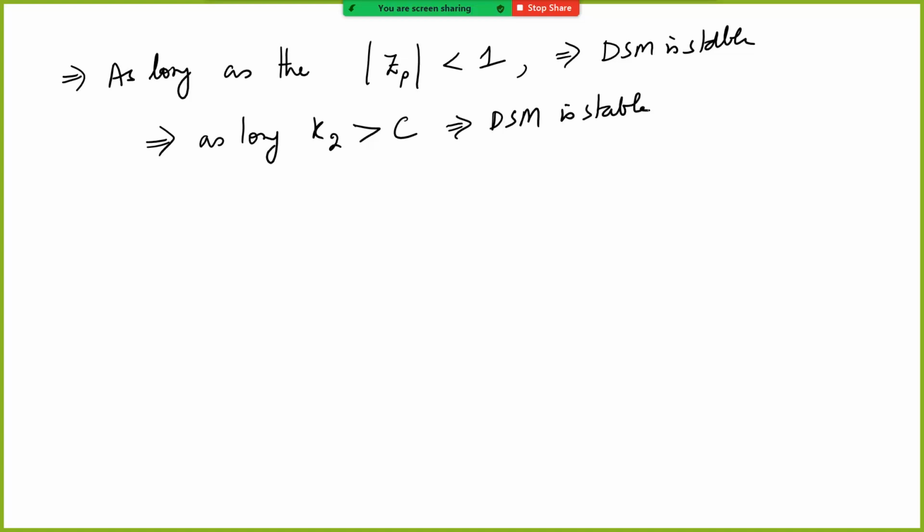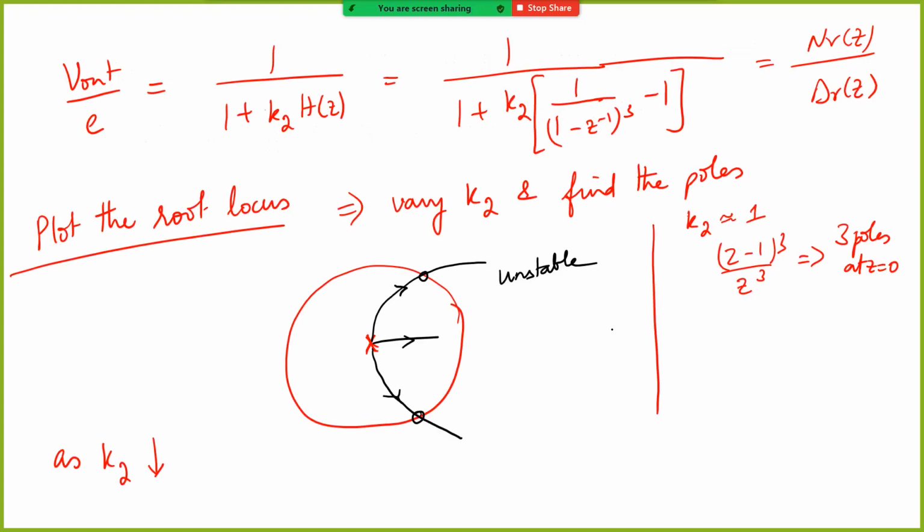Now we need to figure out what is the value of the input which pushes this K2 to this value, because at K2 equal to C, let's say the poles reach this point.